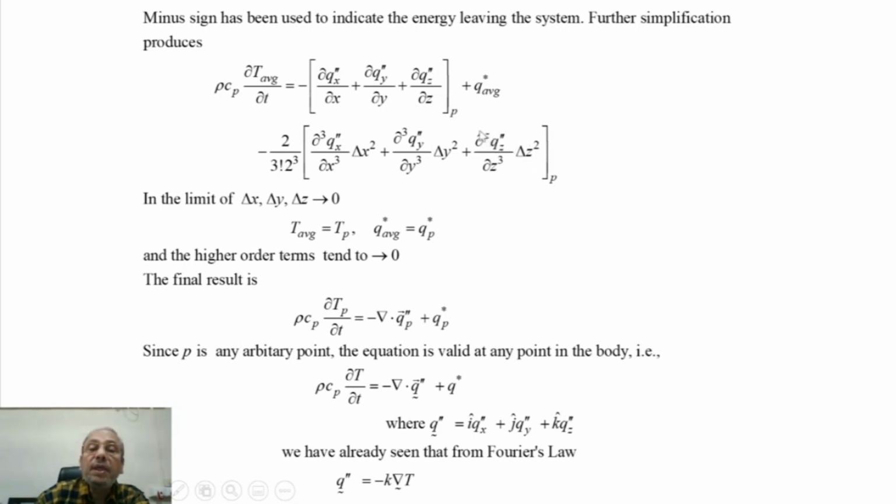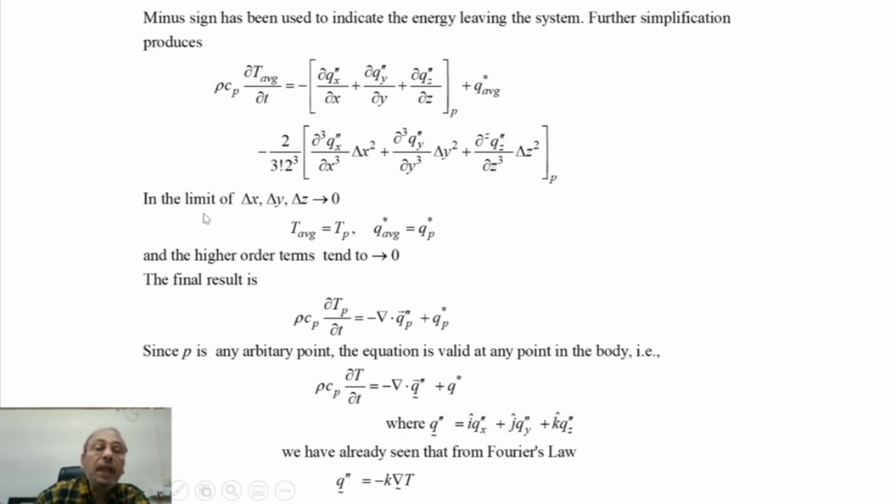This should be del 3, this is del 3 del z3 qz double prime. Please read it like this: it is a third derivative, del 3 qz double prime by del z3, into delta z square.